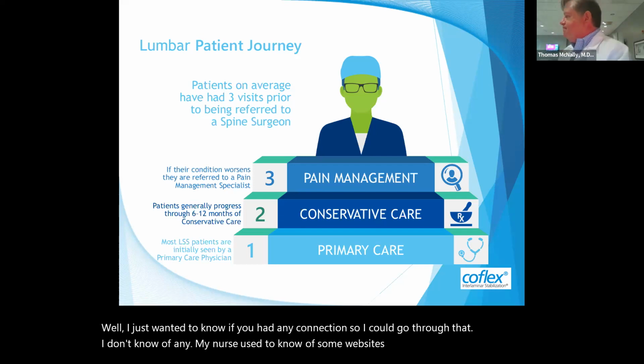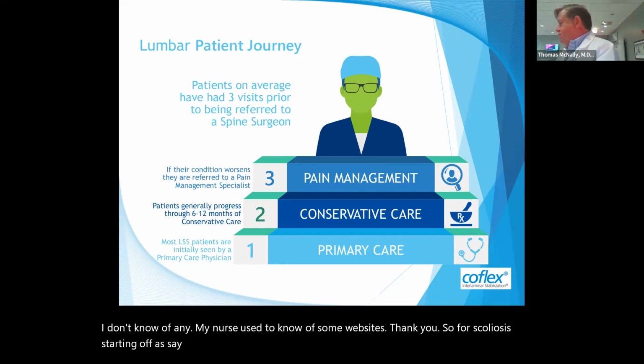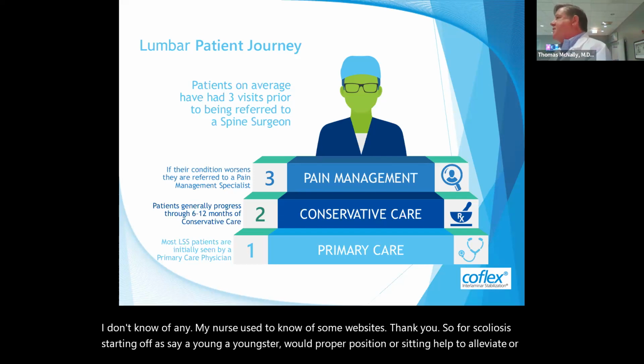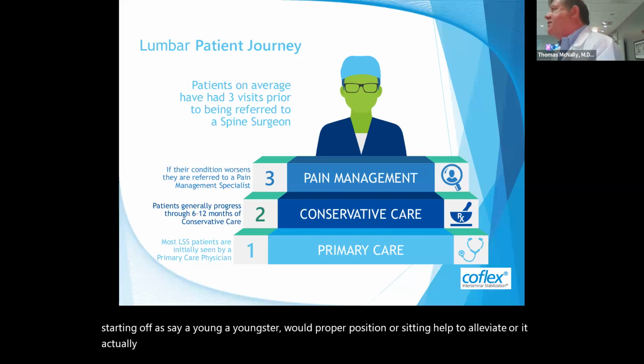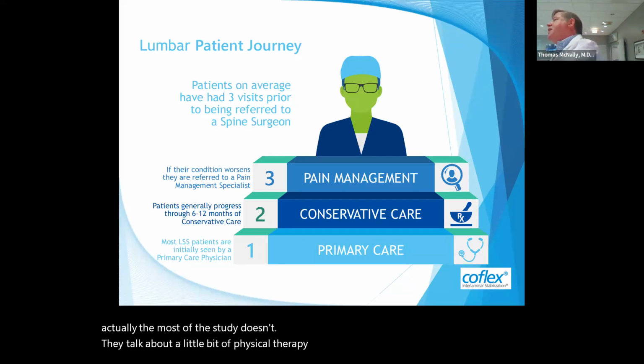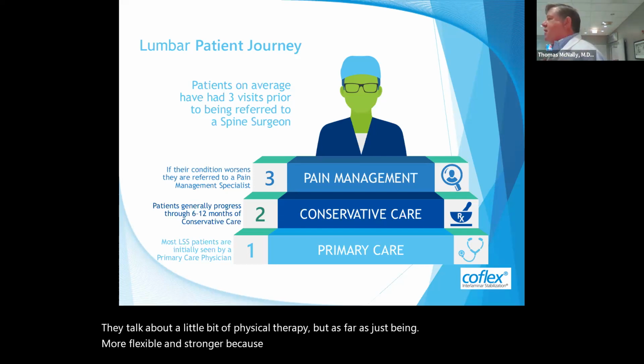Oh, good. Thank you. So for scoliosis, starting off as, say, a youngster, would proper position or sitting help to alleviate it? Most of the studies talk about a little bit of physical therapy, for being more flexible and stronger, because the better our muscles are, the better they can help us with the posture.